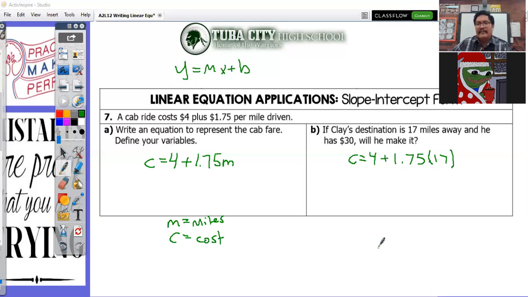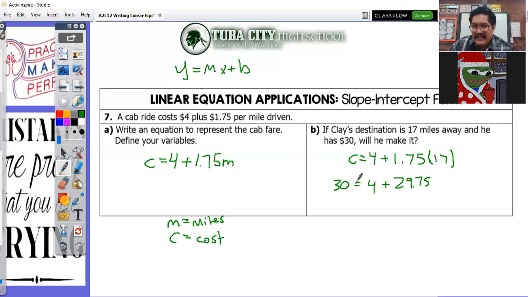Keep pushing the wrong button. Now, if we're just counting the miles, 17 miles at $1.75, that's going to be $29.75 plus 4. And it says here he has $30.